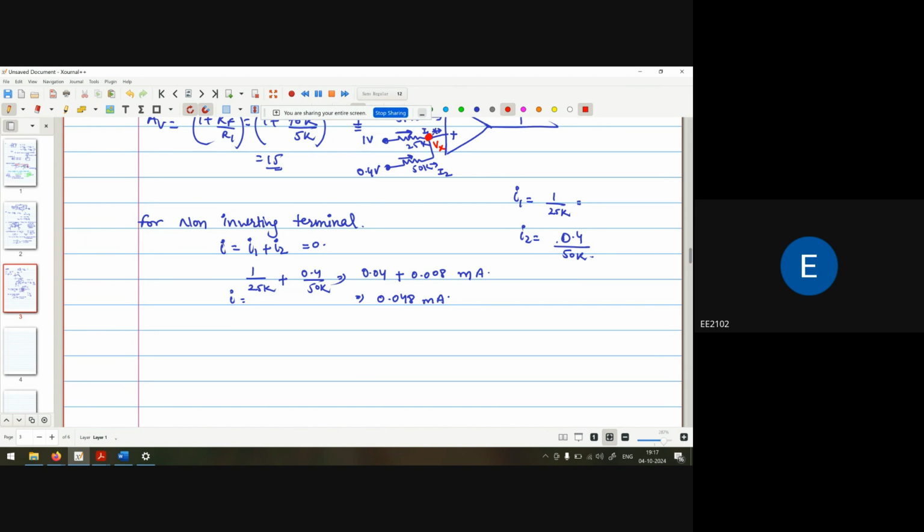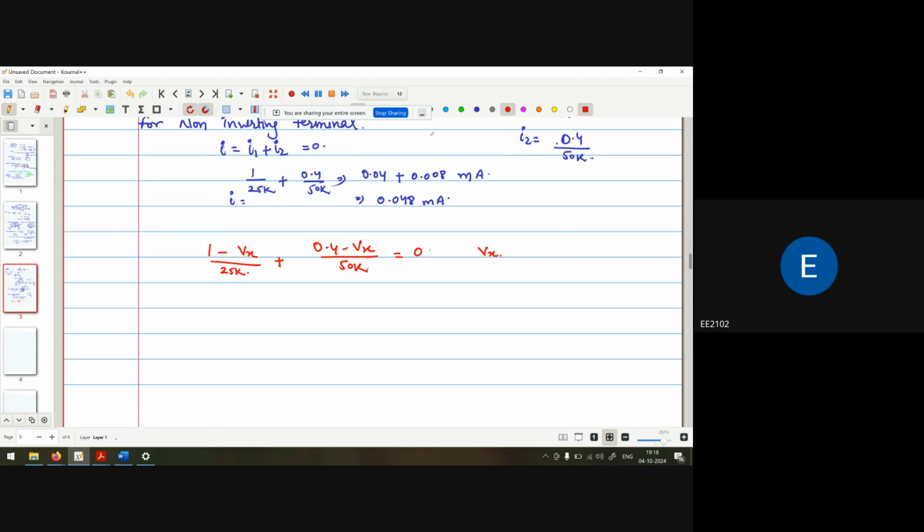Current is coming from this way to this way, and current is coming from this way to this way. So I apply the KVL at this point and calculate that 1 minus Vx upon 25k plus 0.4 minus Vx upon 50k becomes 0. And from this way I can calculate the Vx value.